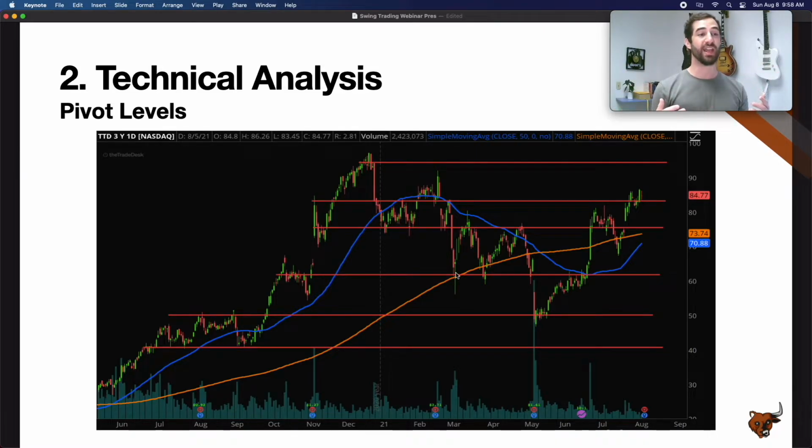And a lot of times as well, for example, at this moment where this was trading, this turbulence, it's clearly some sort of pivot level that I want to take a note of. But at this moment, it was nothing more than just a level where it had turbulence.